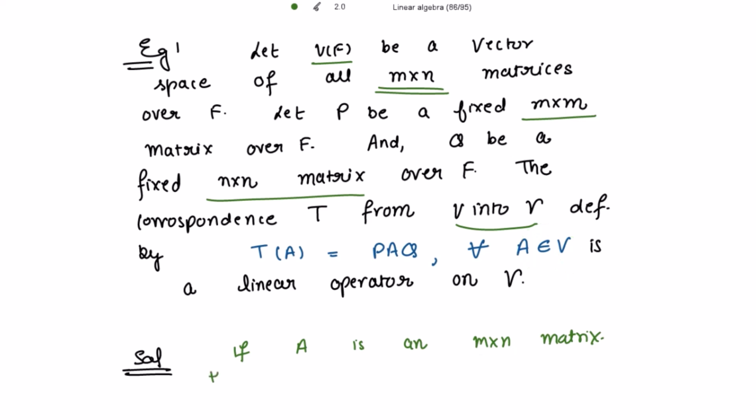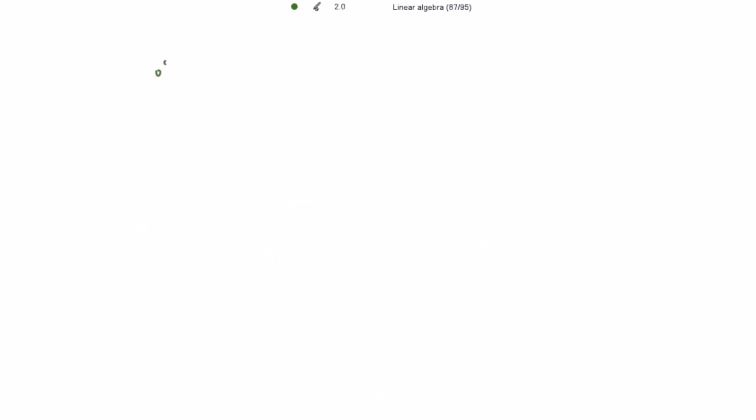Then what matrix is PAQ? If P is multiplied with A and then further multiplied with Q, then this is also an m by n matrix over the field F. Please take care of this. Therefore, T is a function from V into V.